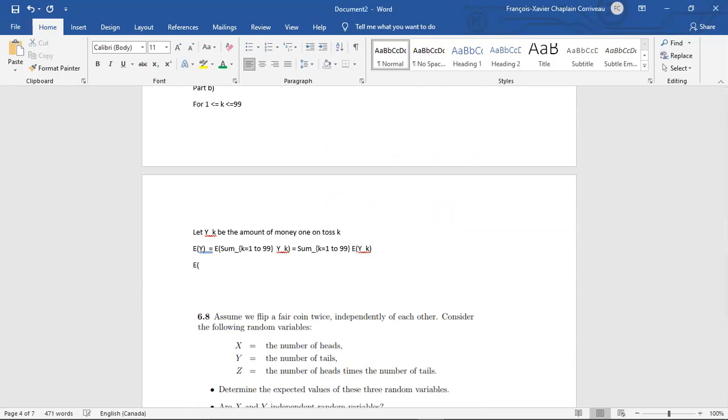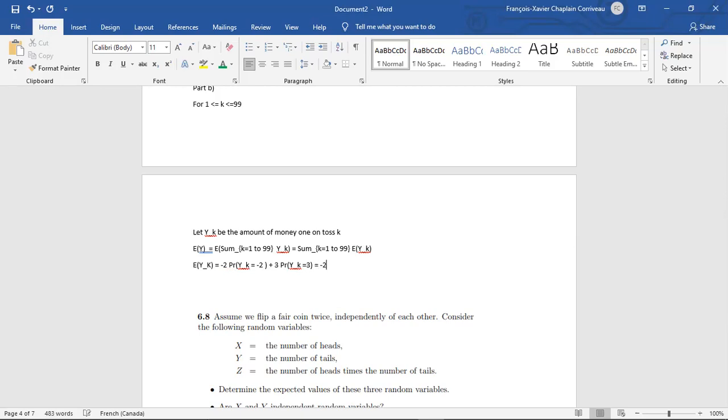I have 2 different values: either I win 3 or I lose 2. So it's minus 2 times the probability that yk is equal to minus 2, plus 3 times the probability that yk is equal to 3.